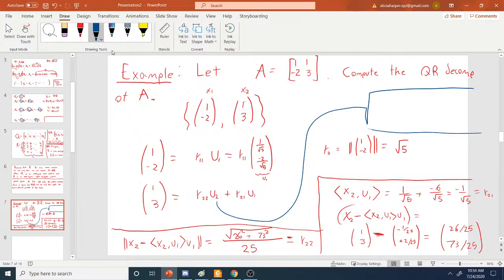Well, what we do is we take the vector we found over here and we divide it by this quantity. So U2 is going to be equal to the vector 26 divided by the square root of 6,005, and the second component is going to be 73 divided by the square root of 6,005.